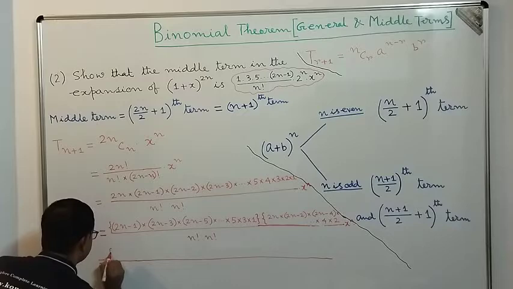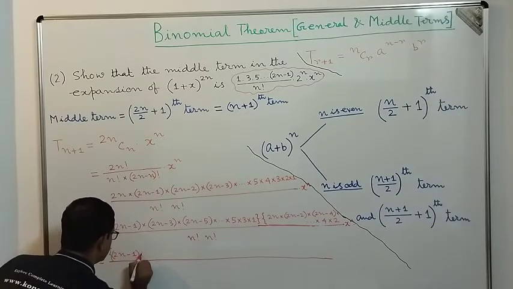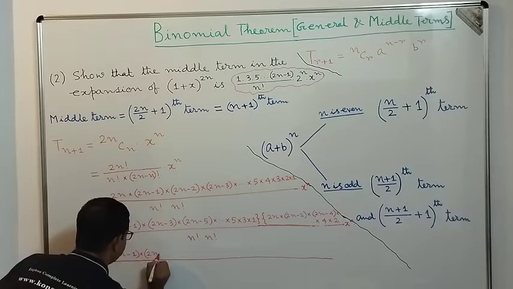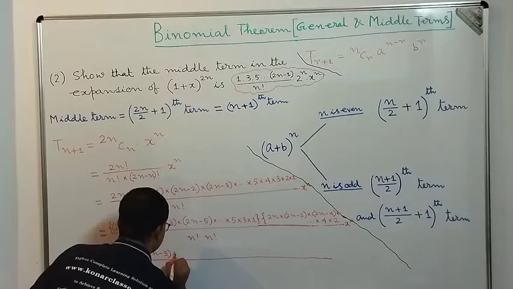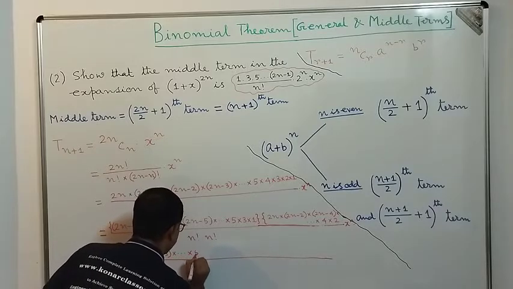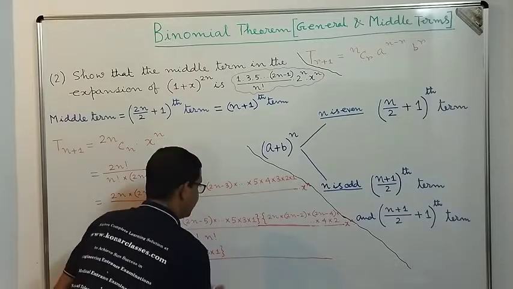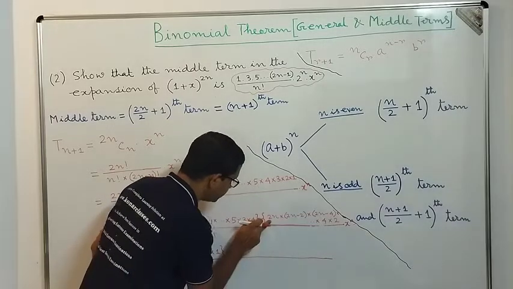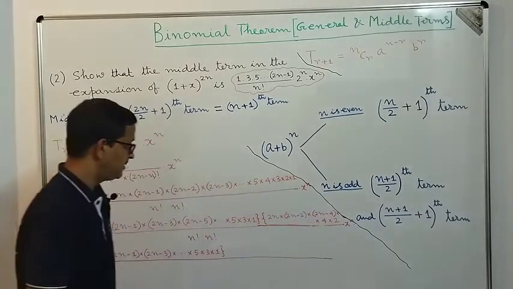So here we get 2n minus 1 into 2n minus 3 into 2n minus 5, in that way it will proceed, into 5 into 3 into 1, and here we get 2 here, 2 here, 2 here, till the last term. Then what we will get?